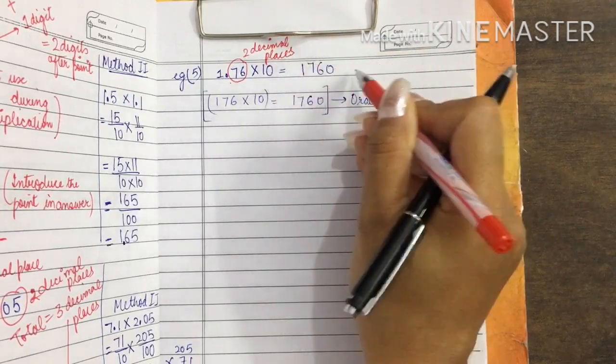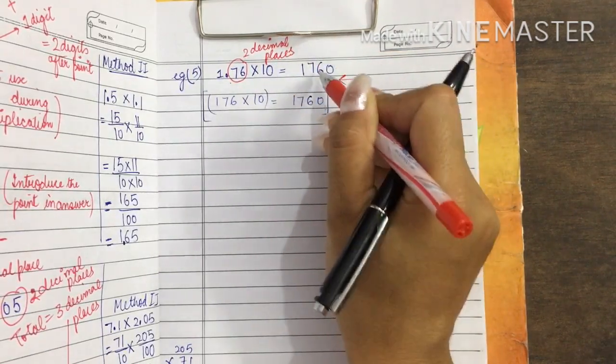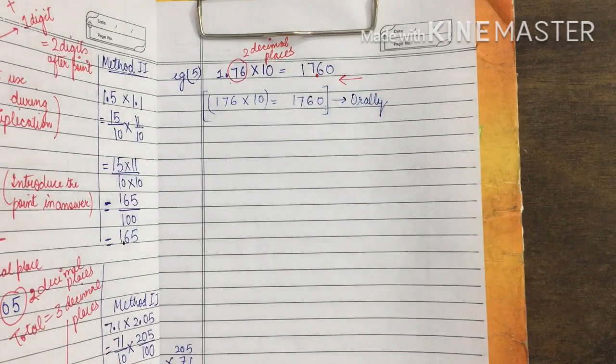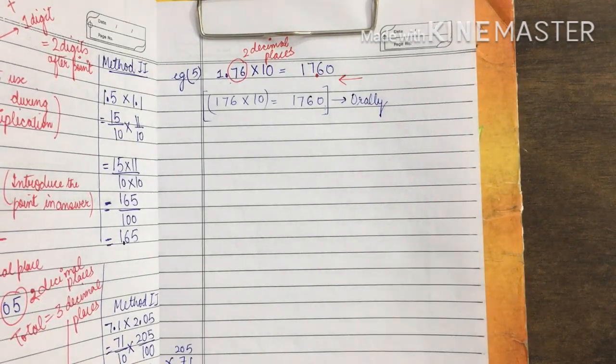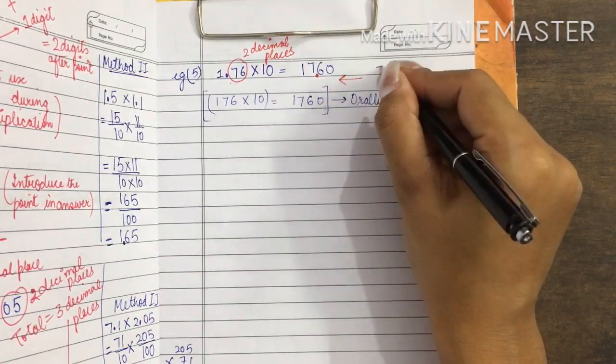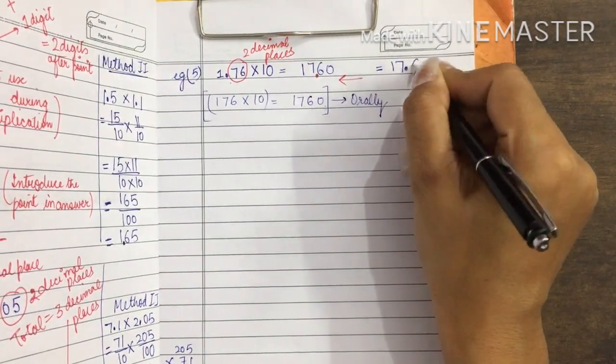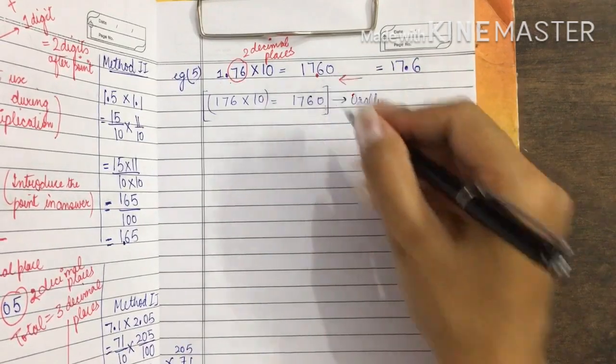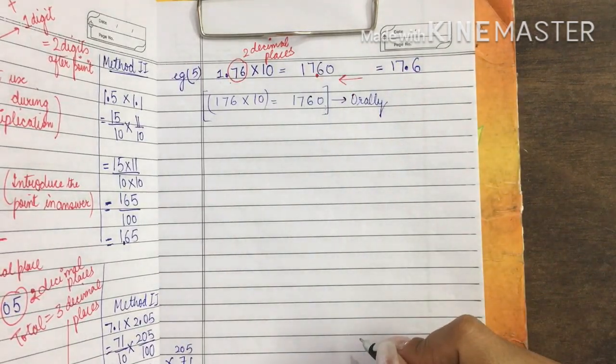So put the point back from here, counting 2 digits. So the point will be here. And now we also know one thing, that in equivalent decimals, the 0 from the end can be removed. So this can further be written as 17.6.